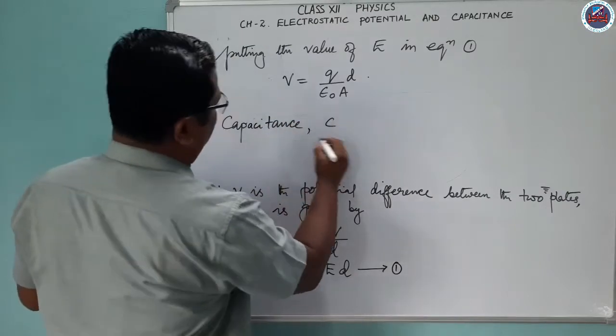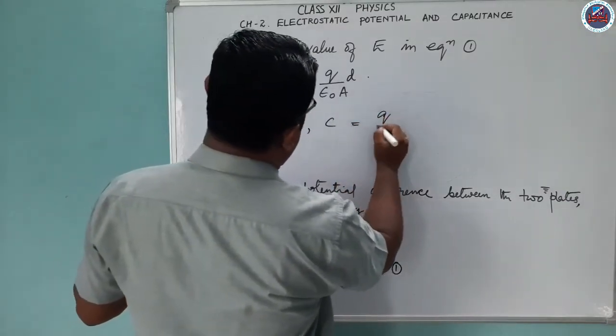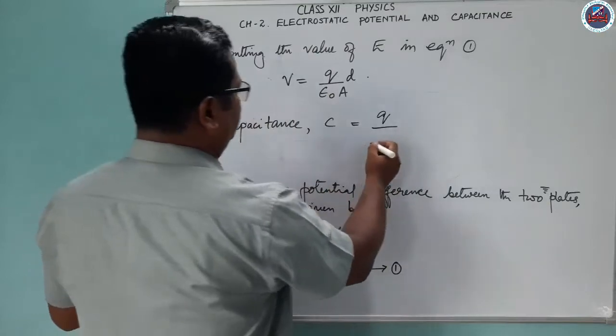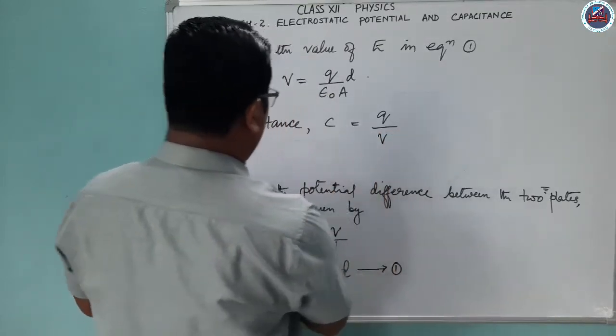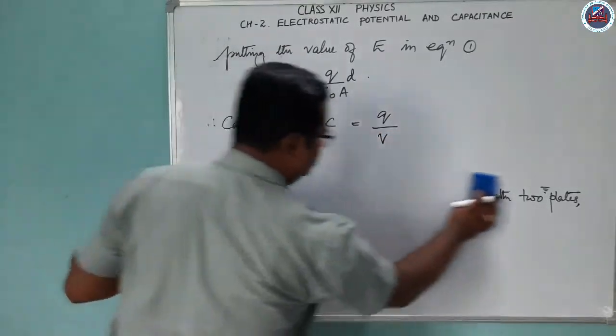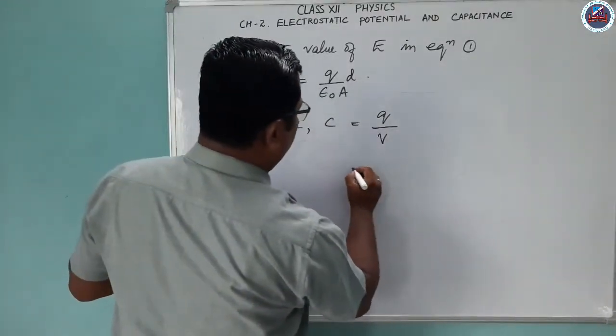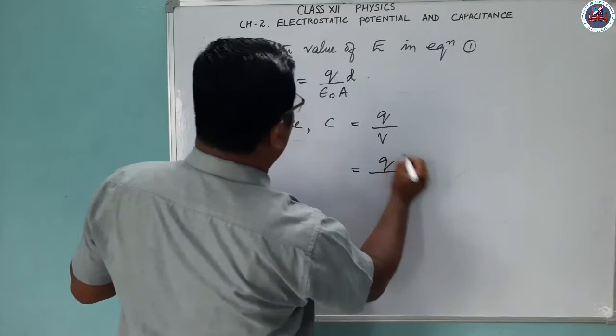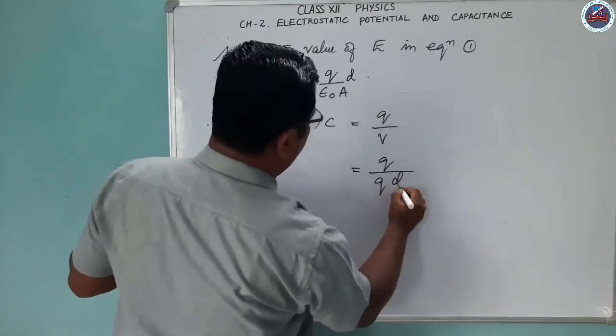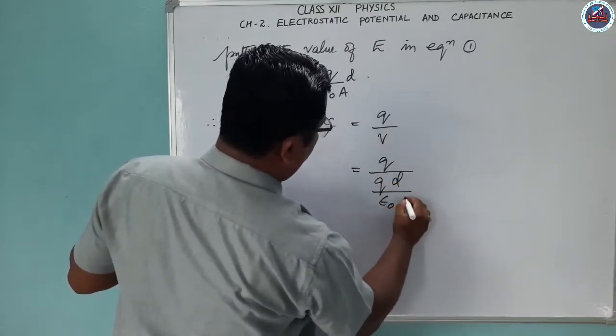Capacitance C is charge by potential, so charge Q divided by potential is QD divided by epsilon naught A.